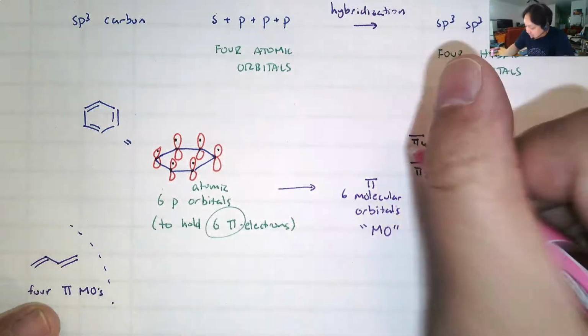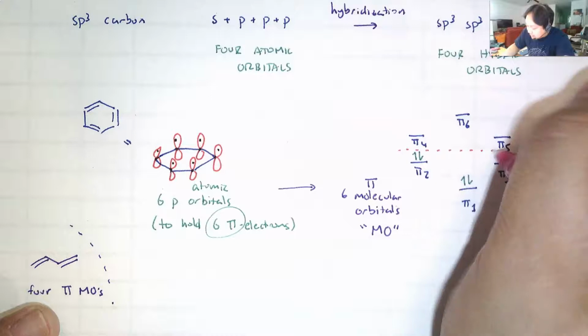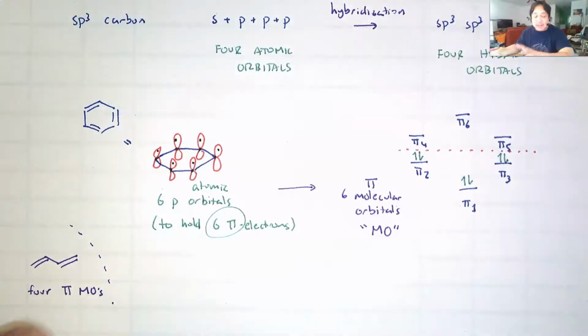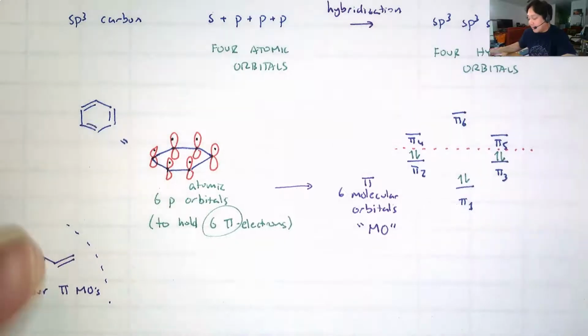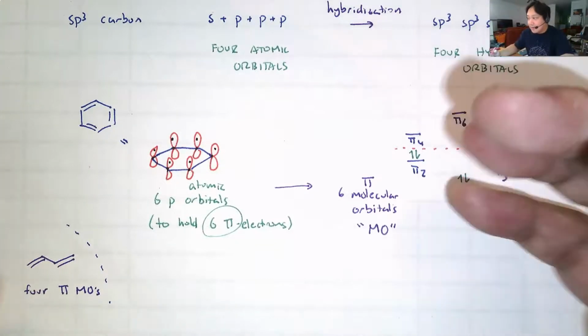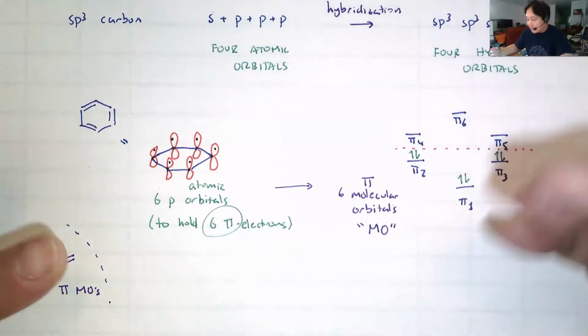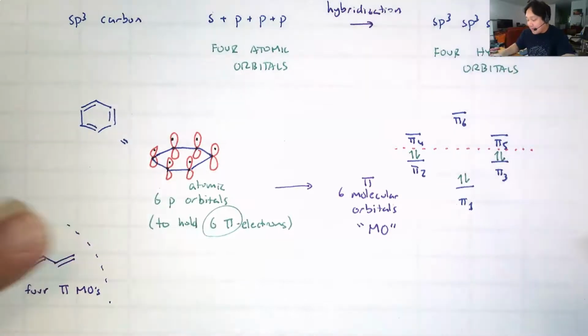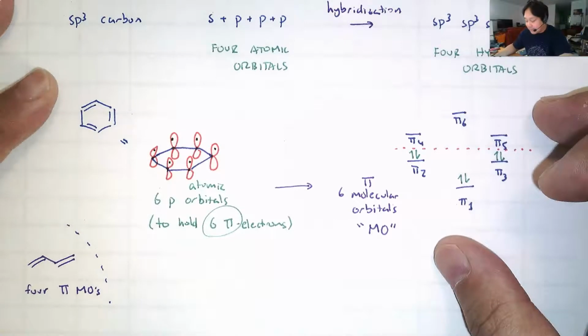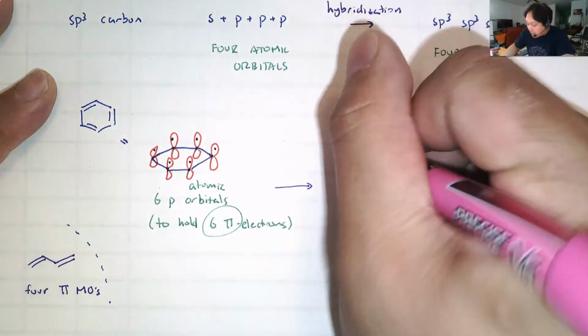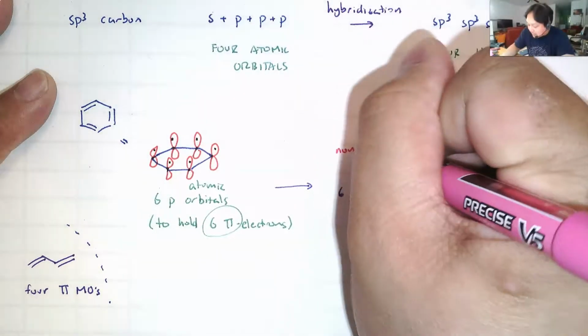We have a midpoint. I know this is very abstract. It is abstract because a lot of simplification has to be done, or else we'd be bogged down in wave equations and math. I'm trying to distill this to what you need to know. So this is called the non-bonding line, the midpoint.